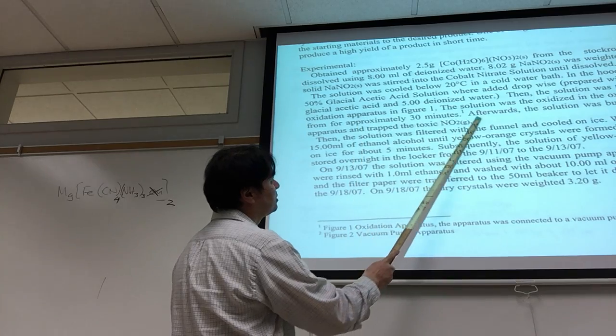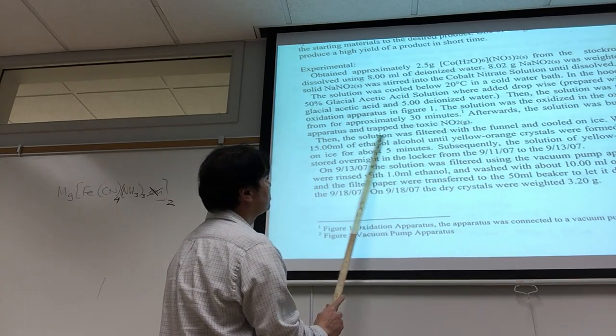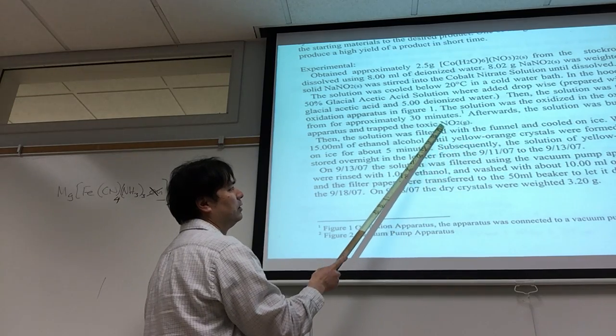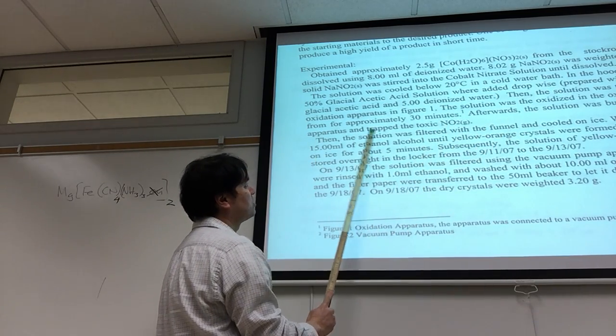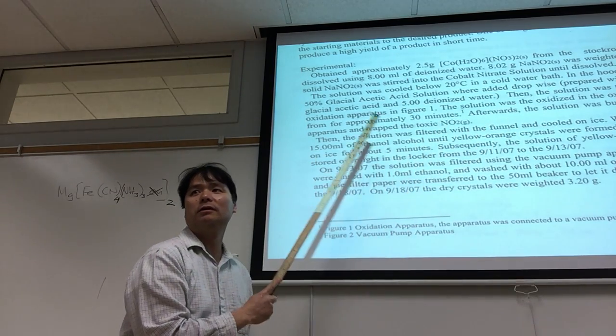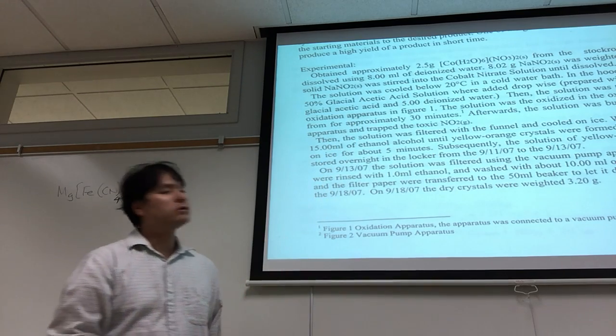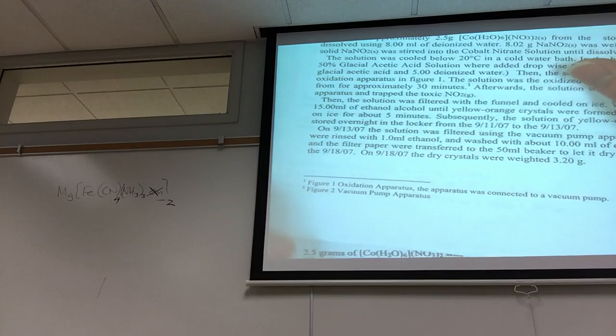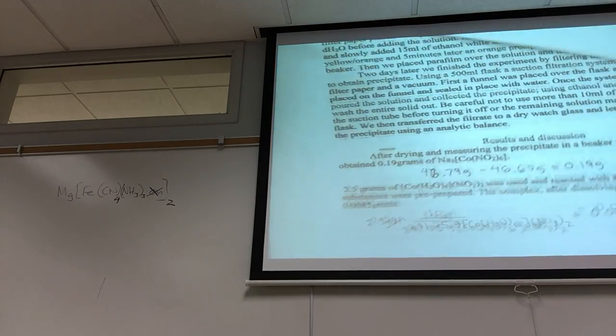I've had students do that, and the papers come out pretty good. "For approximately 30 minutes afterwards, the solution was bubbled through the apparatus and trapped the toxic NO2." This is not detailed enough. I don't know what this means, bubbled through the apparatus and trapped the toxic NO2. There's a lack of detail, I think. Let's see what the other author did with the NO2.